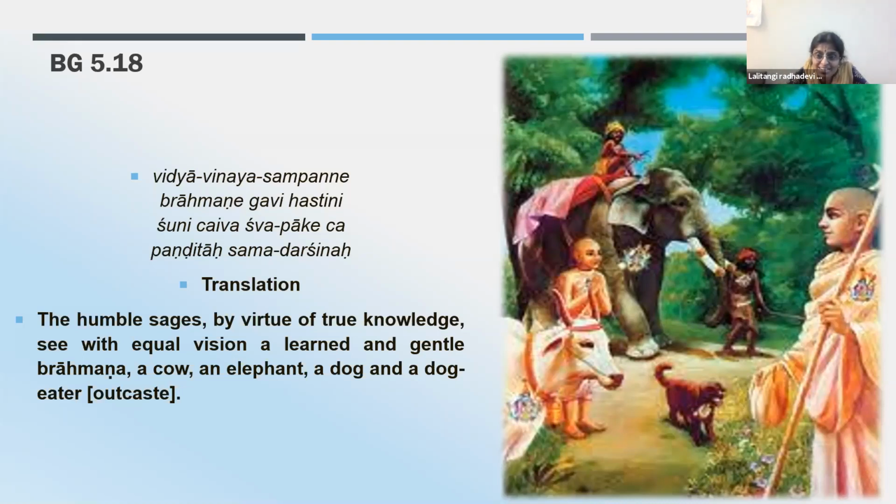Imagine if only we could see like this, what it would be. When we see someone, we see that this person is American, Indian, African American, this is a dog, this is a cat, and oh, this person is Telugu speaking, this person is Hindi, this person is Tamil.